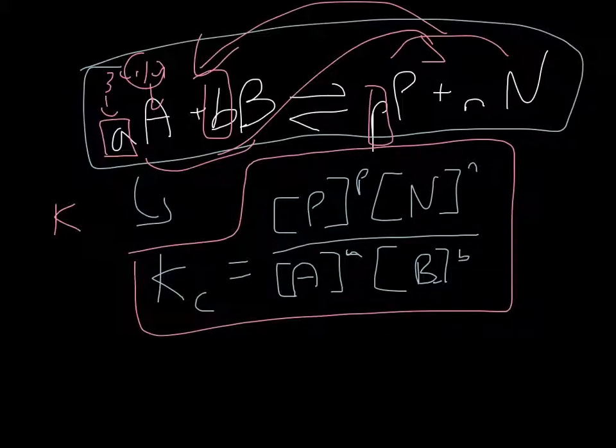Then you'd plug in the CH4 down here and the a up there. And the brackets, if you remember from the solutions unit, the brackets represent concentration. So it's moles per liter, right?